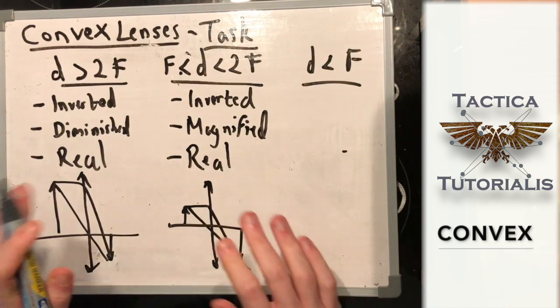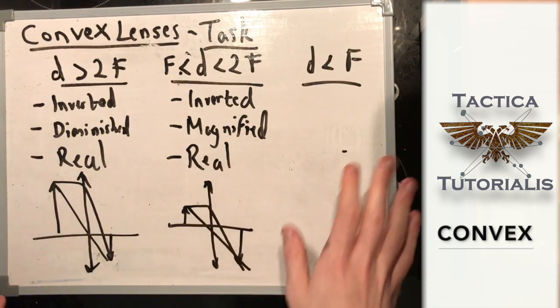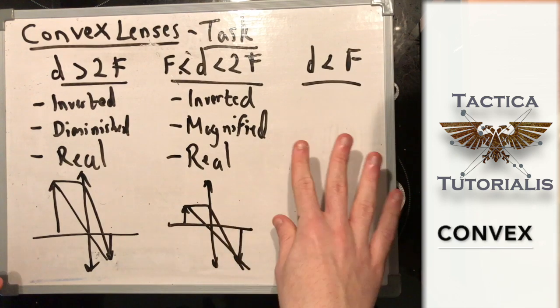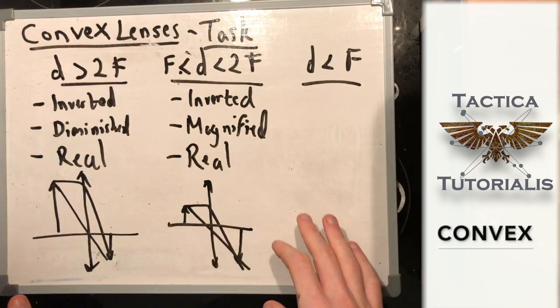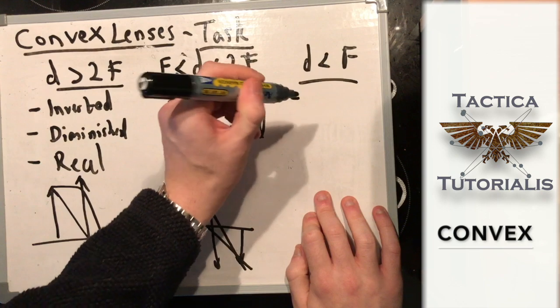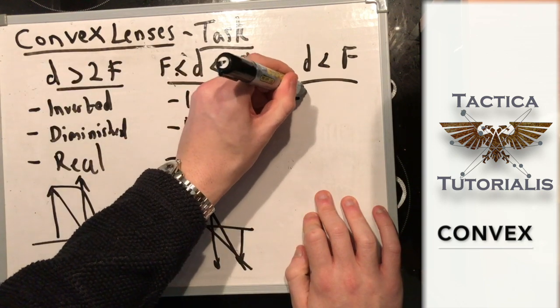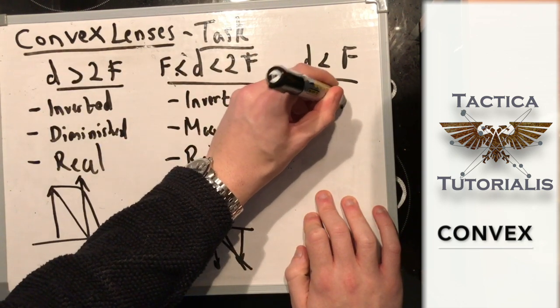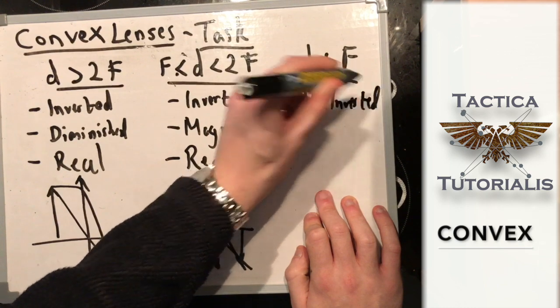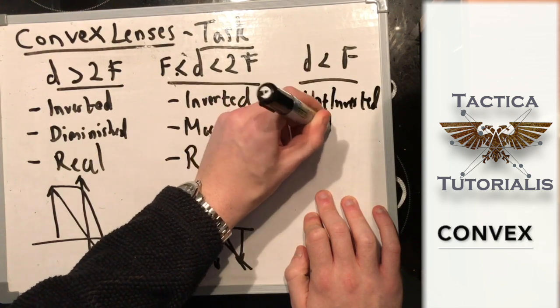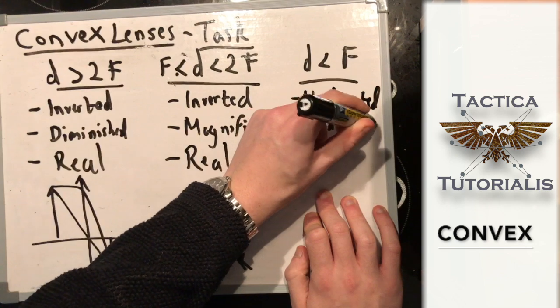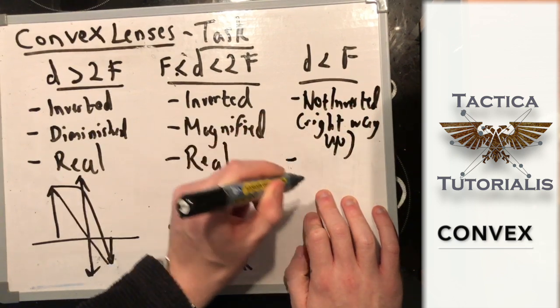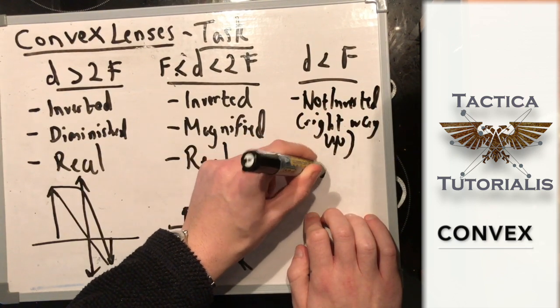Now the third one was when D was less than 1 focal length. You may not have to do this one. I didn't see it on some of the research I did, but it's worth knowing anyway. So in this case, we saw that the image was not inverted. So it was the right way up. It was magnified.